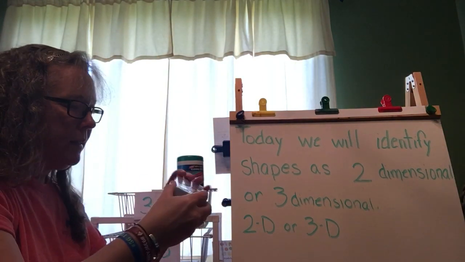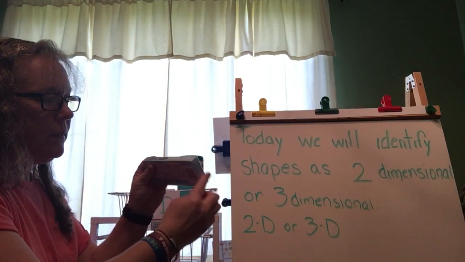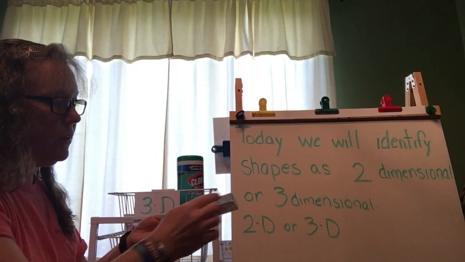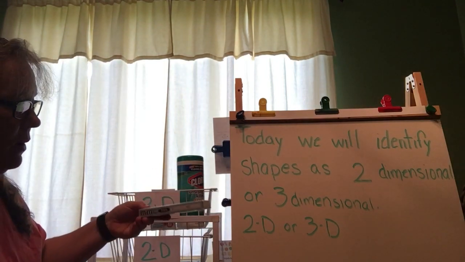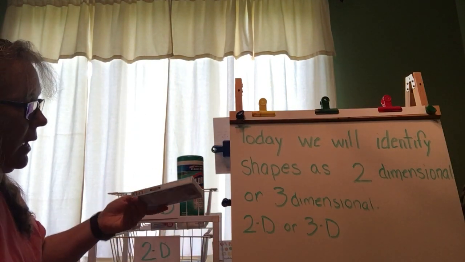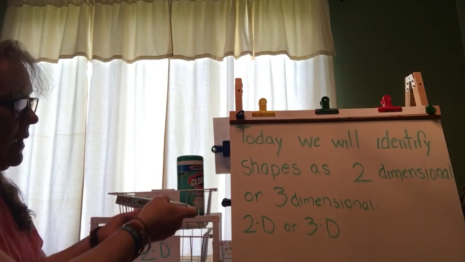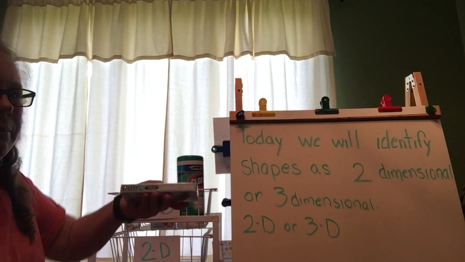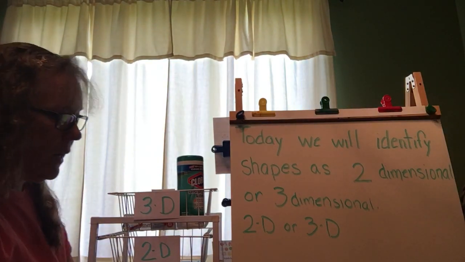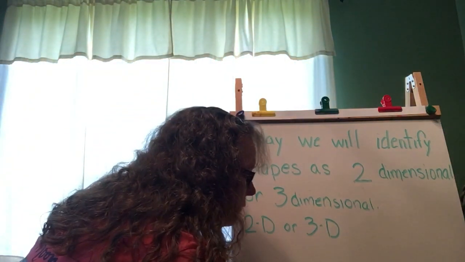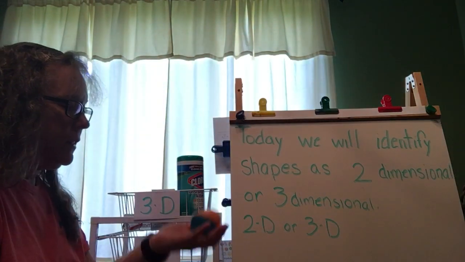It's a little solid. I could find some sides on it and some vertices. So this is really a solid, even though it has a flat top and a flat bottom and flat sides, and it lays flat, but it's solid. So I'm going to add that into my 3D.